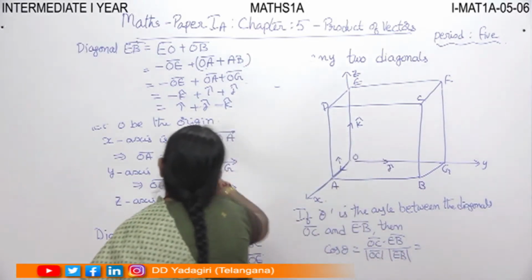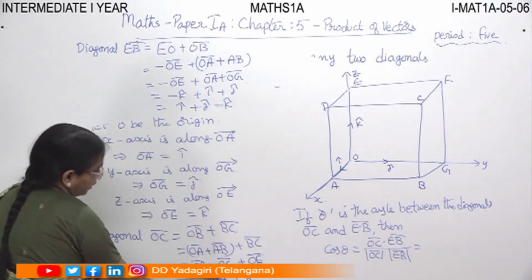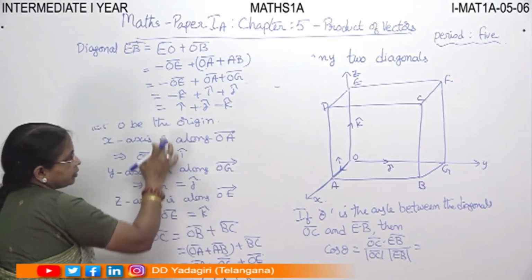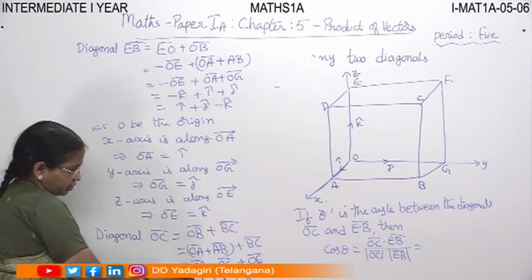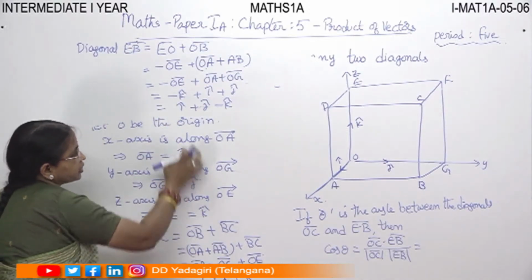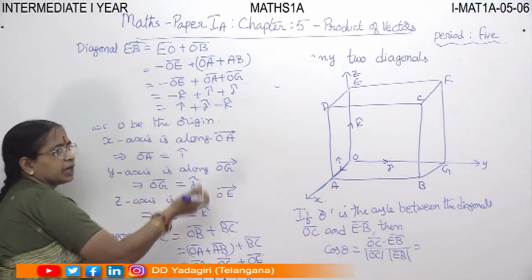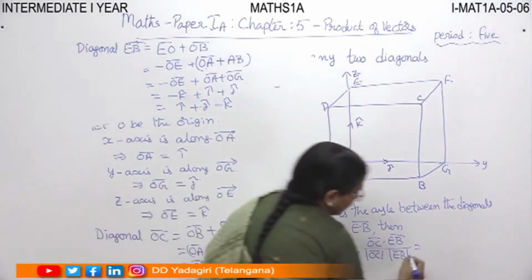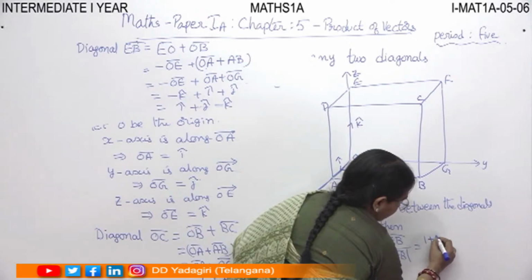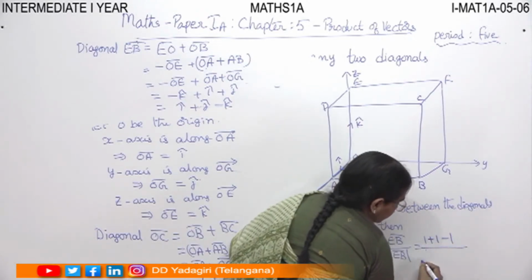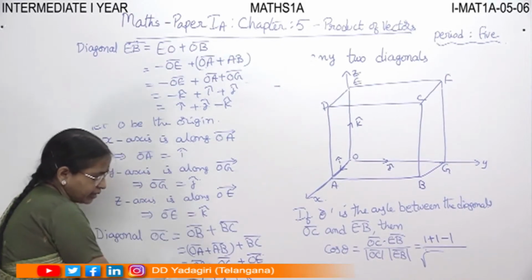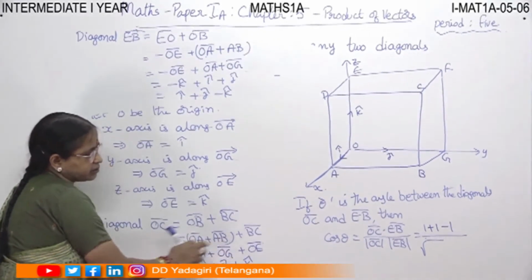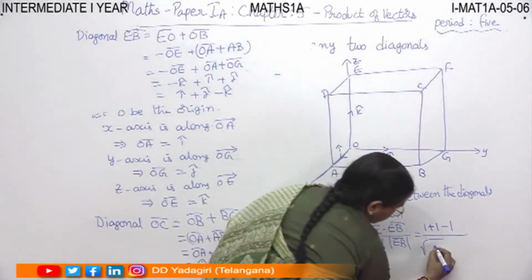OC dot EB. That means this vector dot this vector. So when you simplify, multiply the coefficients of I, then coefficients of J and coefficients of K, and add. Then you will get 1 plus 1 minus 1 by root of. Now what is the modulus of this? Root of 1 square plus 1 square plus 1 square. So it is root 3.